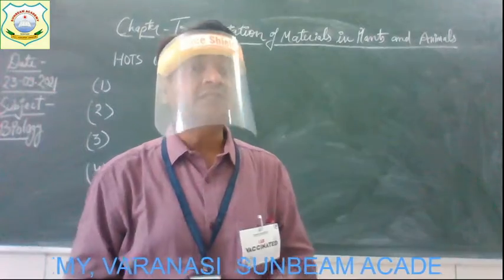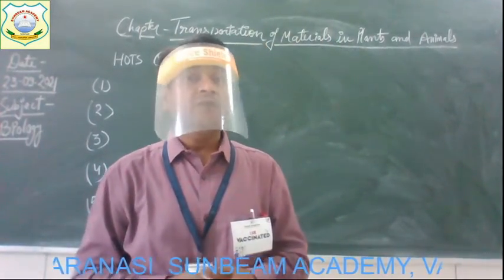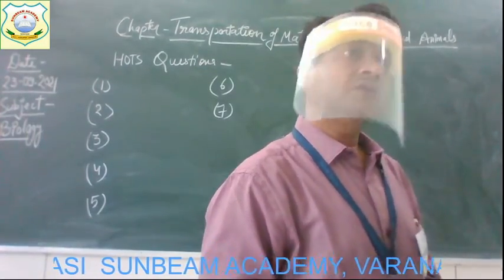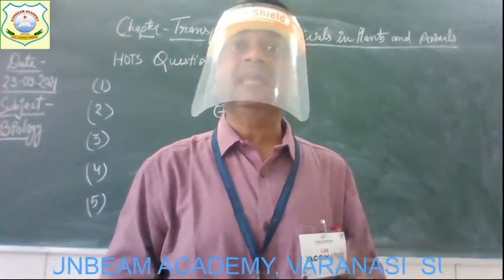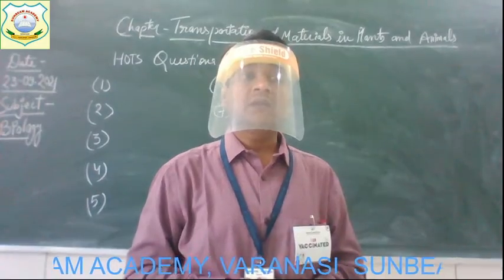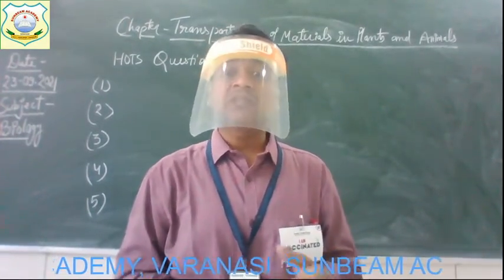Now, question number 7. The question is: the ventricles have thick muscular walls, whereas the auricles have thin walls. One has a thick wall and another has thin walls. Who has the thick wall? Ventricles. And the auricles have thin walls.